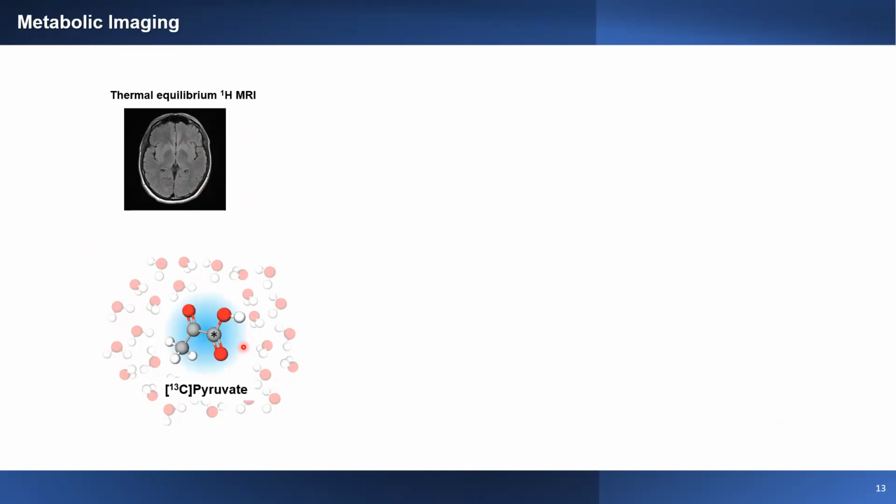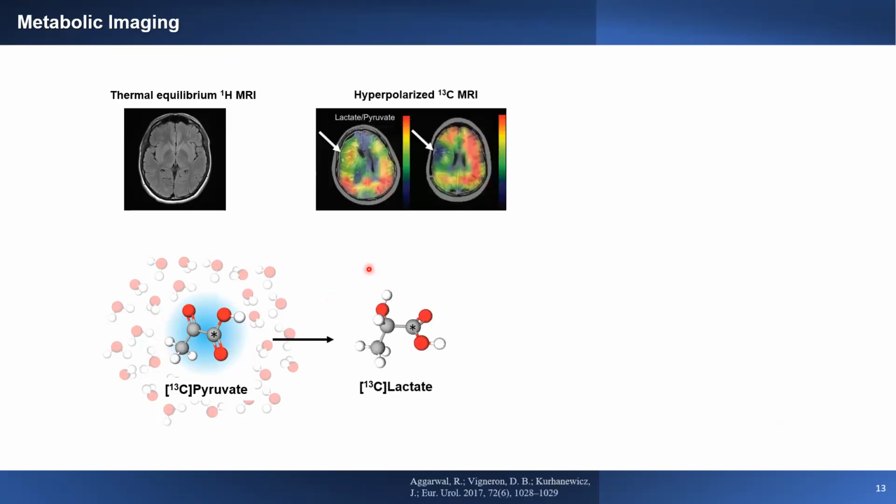But going further than that, if you could hyperpolarize metabolites, which are at much lower concentration in the body, if you're able to hyperpolarize them and increase the size of the MRI signals, then it allows you to do metabolic imaging where you're tracking the metabolism from one metabolite into another, or more steps in a metabolic pathway.